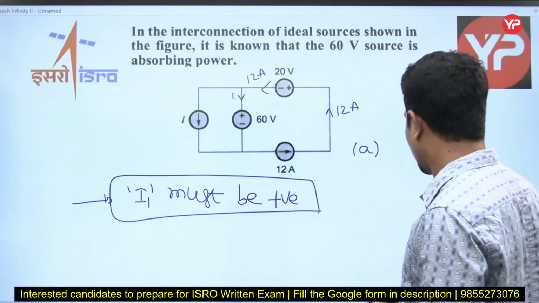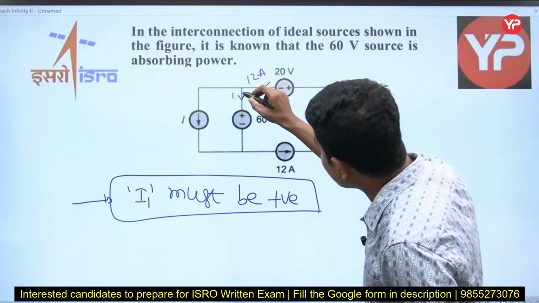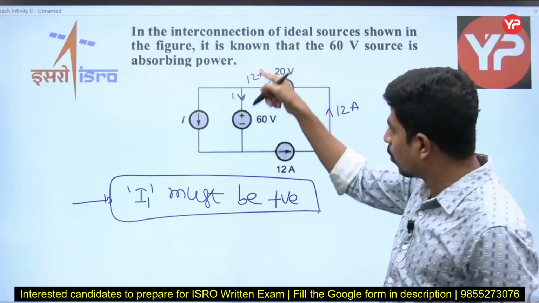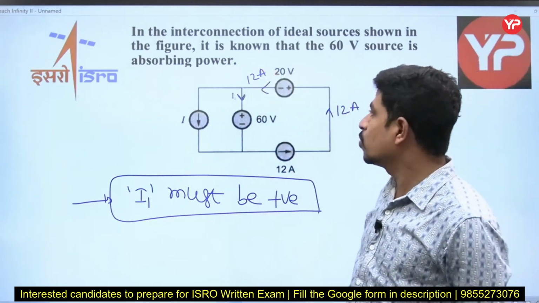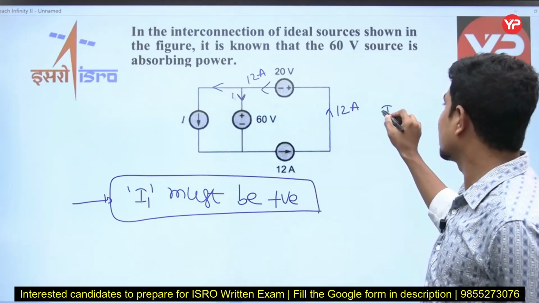Before we go for options, this is 12, and some current is flowing from it. Positive current only should flow. Therefore, definitely this I should be less than 12.